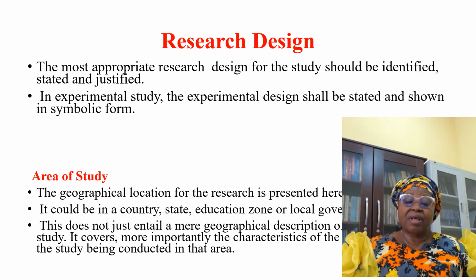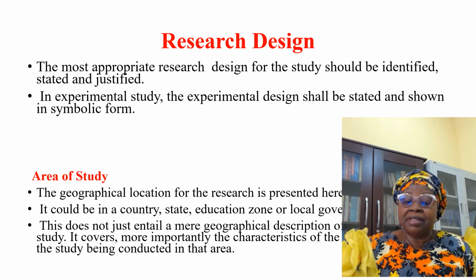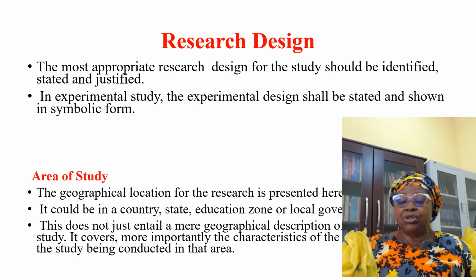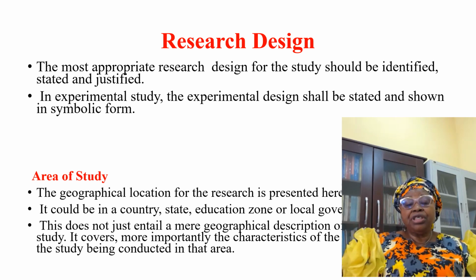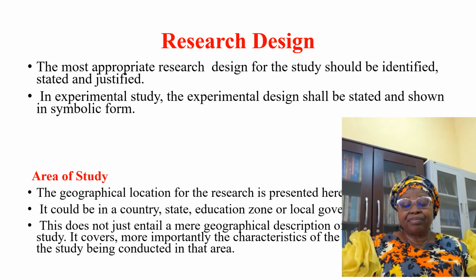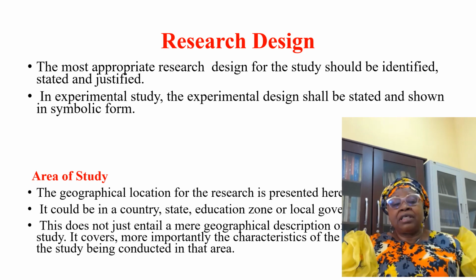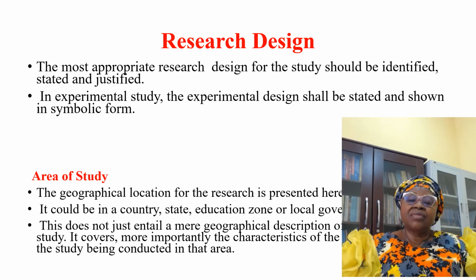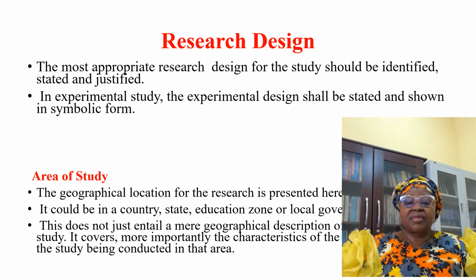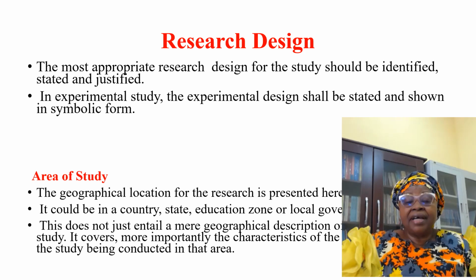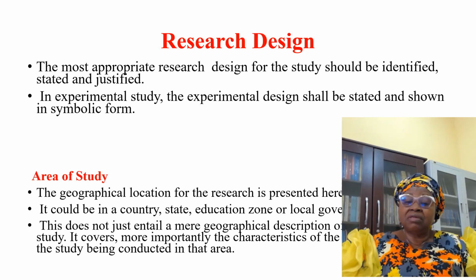In experimental study, I've said that the experimental design should be stated and shown in symbolic form. Then another part of chapter 3 is area of study. Area of study here is the geographical location for the research.